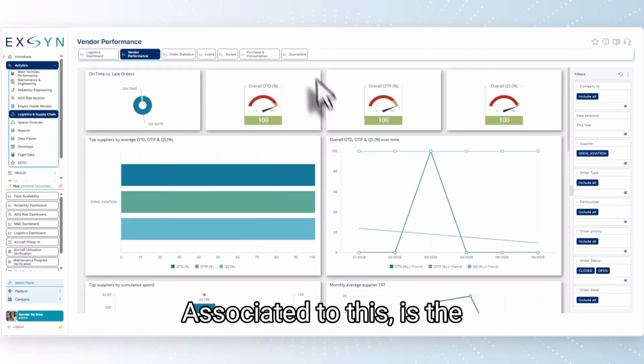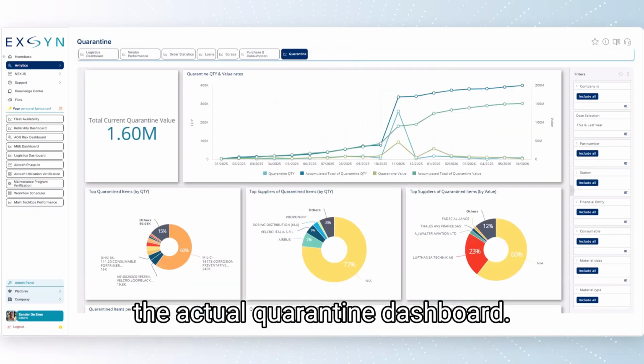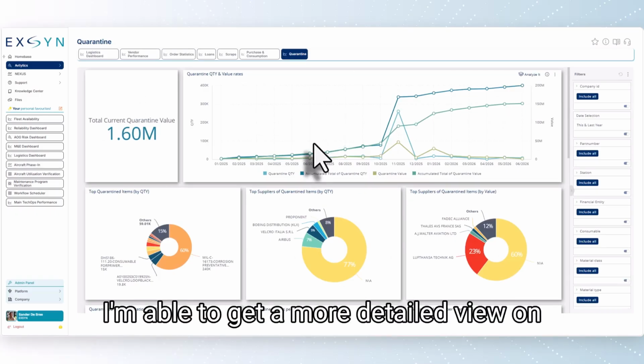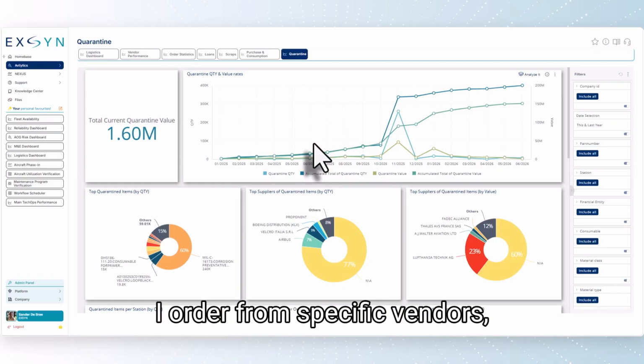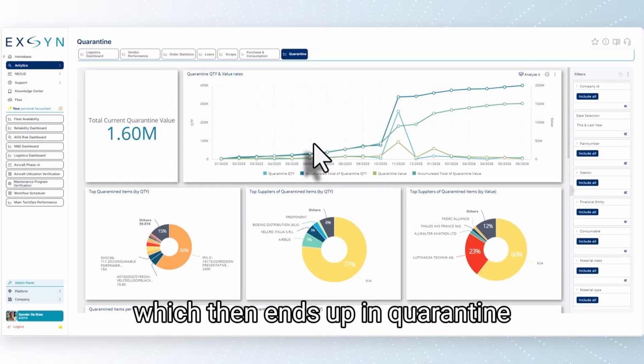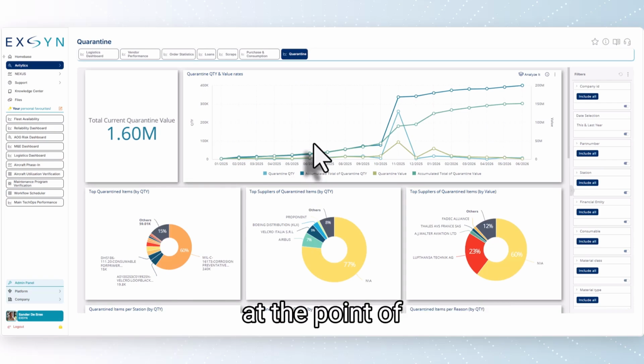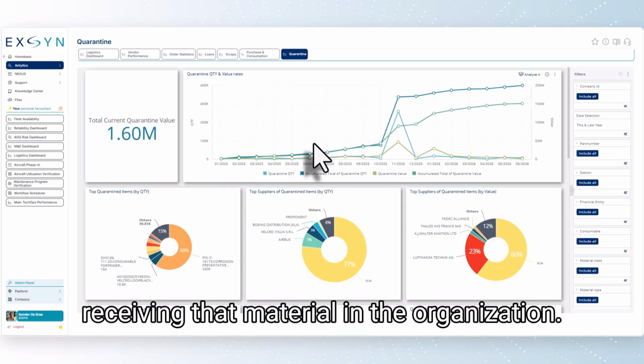Associated to this is the actual quarantine dashboard. So in the quarantine dashboard, I'm able to get a more detailed view on orders or material that I order from specific vendors, which then ends up in quarantine at the point of receiving that material in the organization.